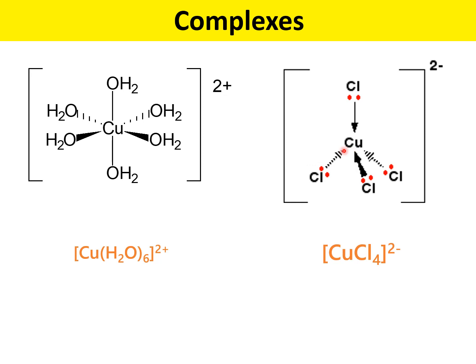And on the right-hand side, we have our tetrachlorocuprate, where the lone pair of electrons on the chloride ion form a coordinate bond with the copper ion in the center. You can see that both of these complexes have different charges, +2 for the hexa-aqua-copper and -2 for the tetrachlorocuprate. They also have different shapes, and we will talk about those shapes later on in the video.